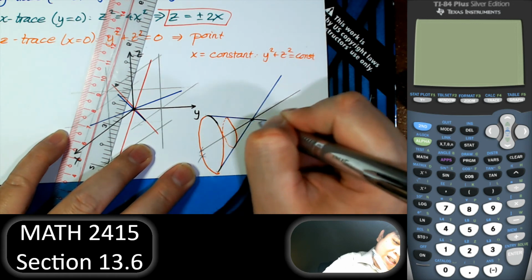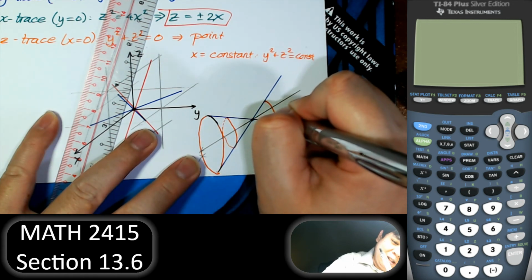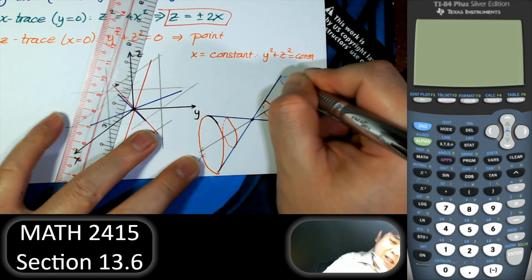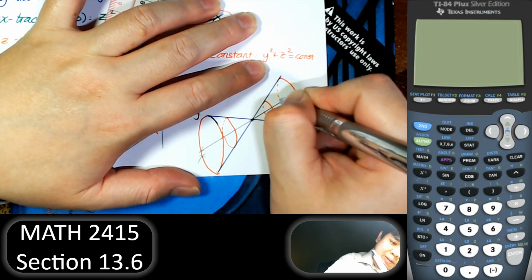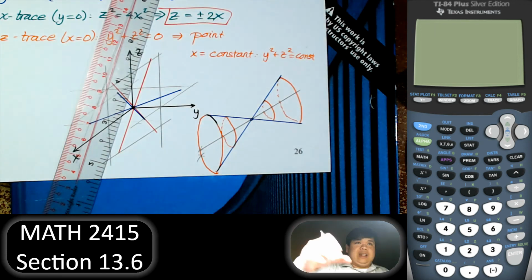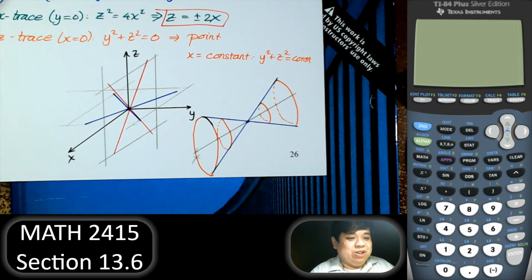In this case it is a circle. So that's just like a double cone, if you will.